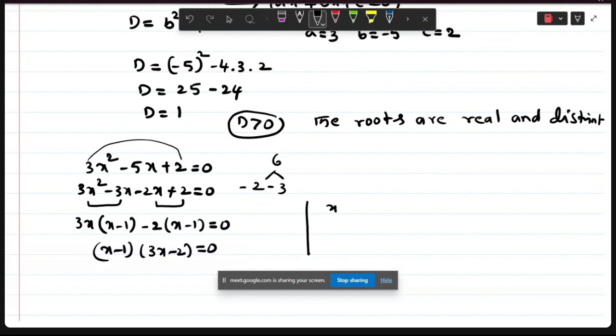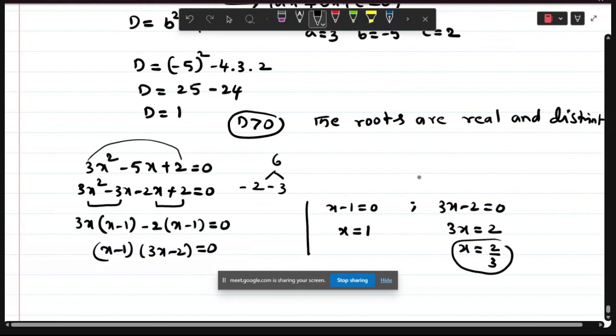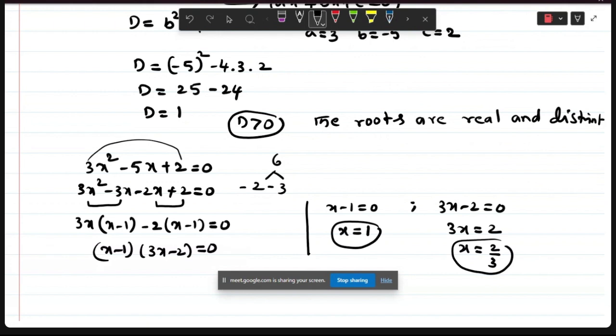That means x minus 1 is equal to 0 and 3x minus 2 is equal to 0. Two situations: x is equal to 1, and 3x is equal to 2, so x is equal to 2 by 3. These are the roots. If D is greater than 0, then the roots exist.